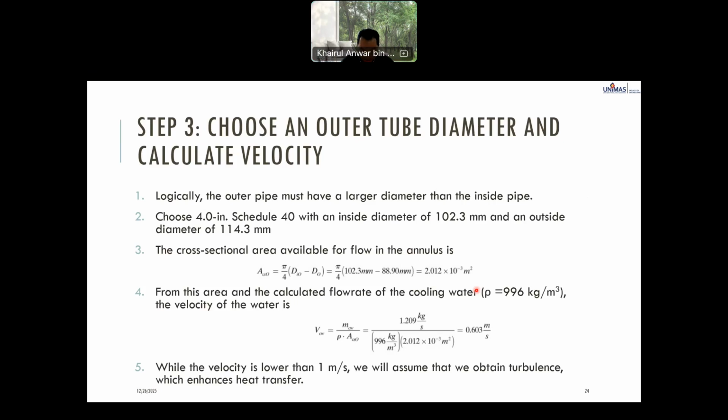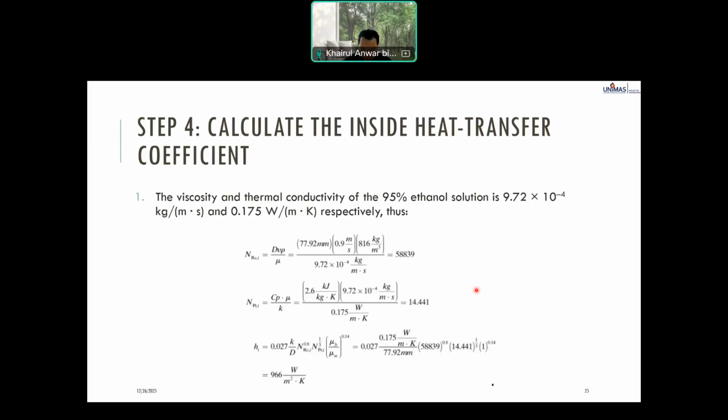When the velocity is lower than 1 meter per second, we will assume that we obtain turbulence, which enhances heat transfer. Right. Step 4: calculate the inside heat transfer coefficient from equation 15.3-5.